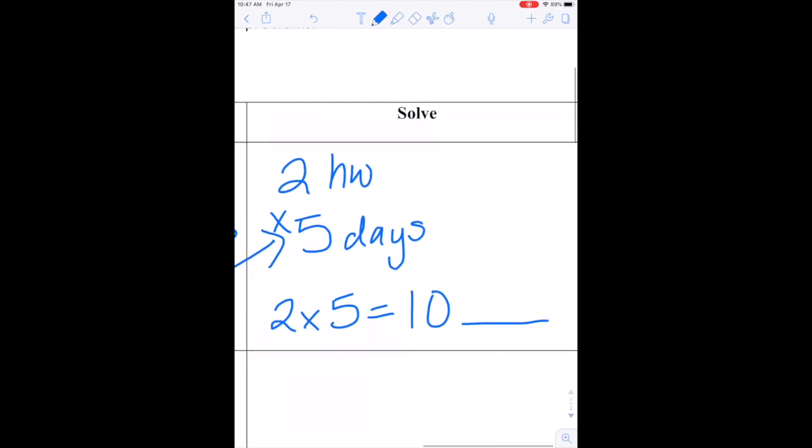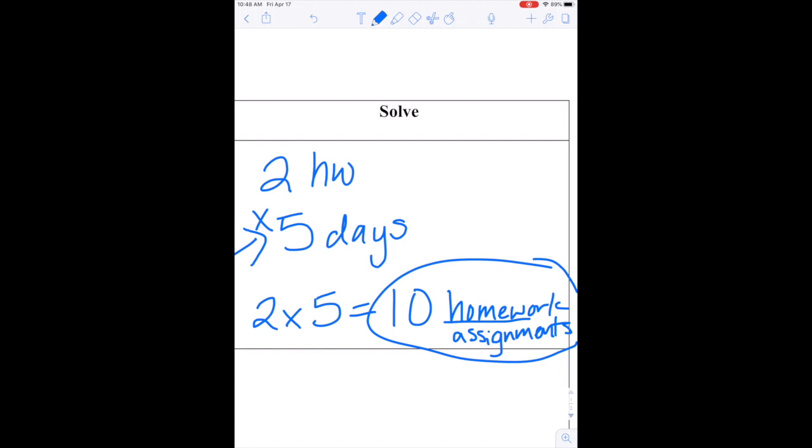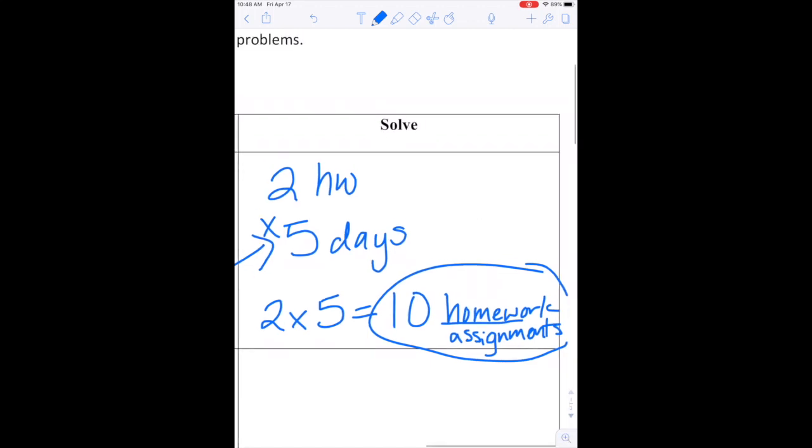But what did he have 10 of? And that should be homework assignments. All right, that's our final answer for this first one. He had 10 homework assignments.